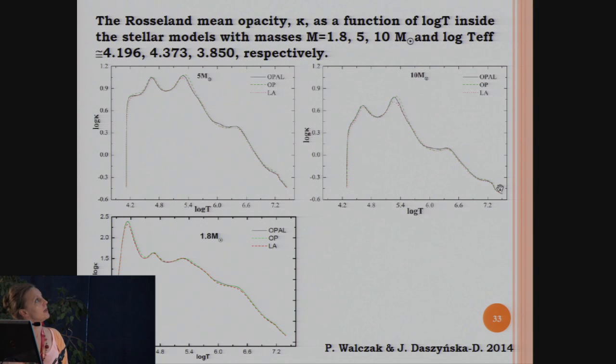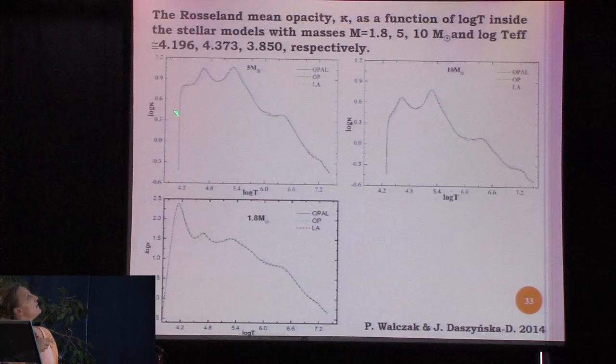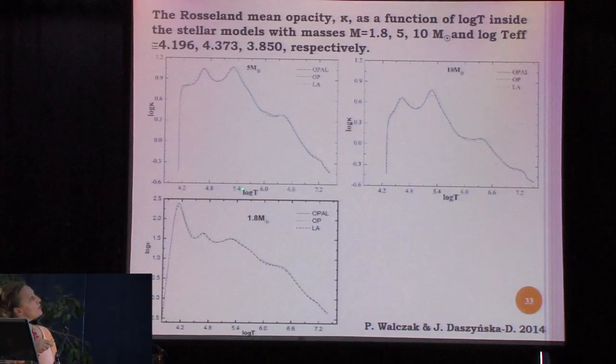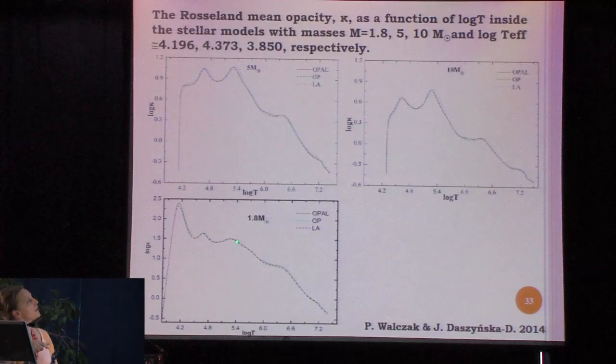This is kappa, the mean Rosseland opacity as a function of effective temperature for a model of 1.8 solar mass for different opacity data. We can see that generally Los Alamos opacities are a little bit lower.